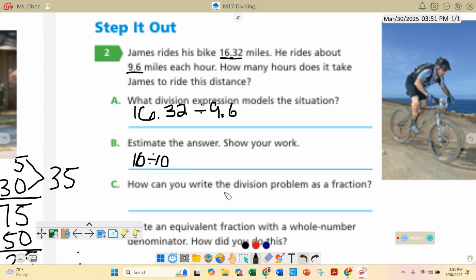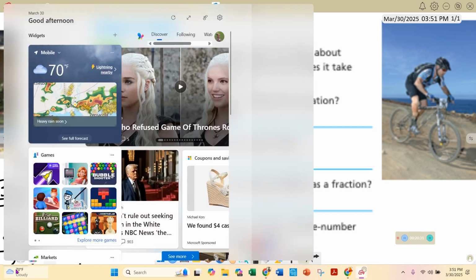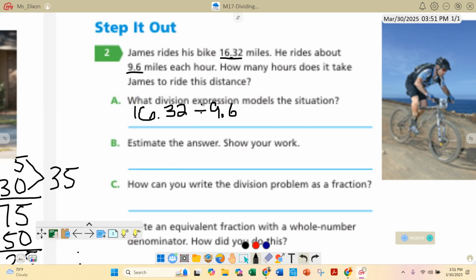Hold on, let me redo this because I want to estimate it the way I taught y'all how to estimate. Okay, so we're going to estimate 9 and 6/10. My pen doesn't want to write. 9 and 6/10 is about 10.